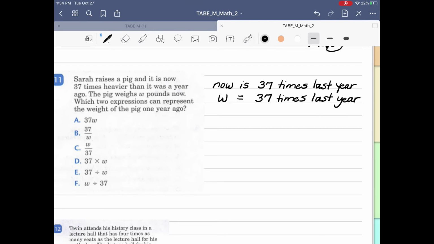Okay. And then we're kind of stuck because we don't have another number. Normally we would have another number to solve this problem. So let's keep working here. We can do this. Its weight now is 37 times last year.